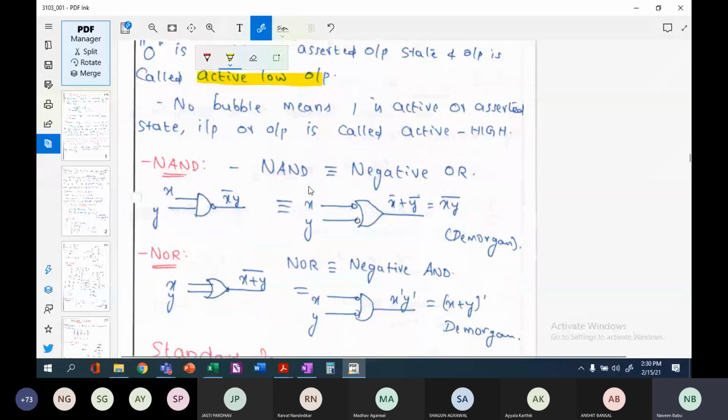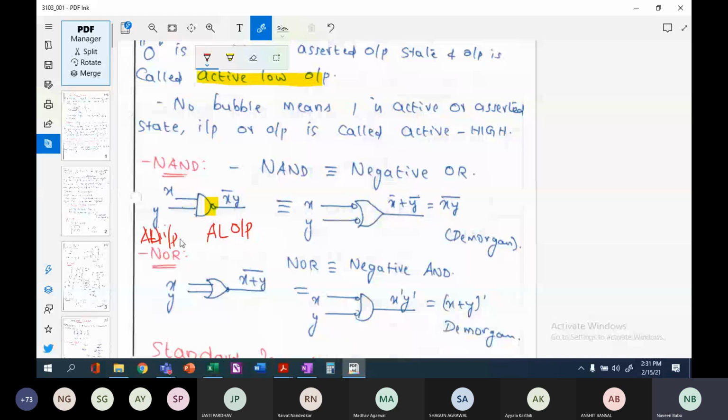Look at the NAND logic. Your input side is an active high input because there is no bubble on the input side. Here, since the bubble is on the output side, it is an active low output, right? So this is an active high input, and this is an active low output.